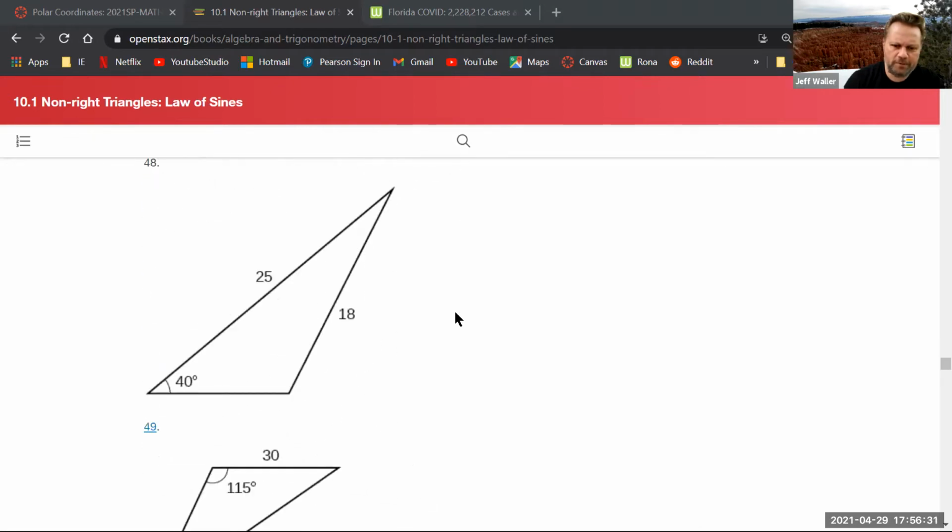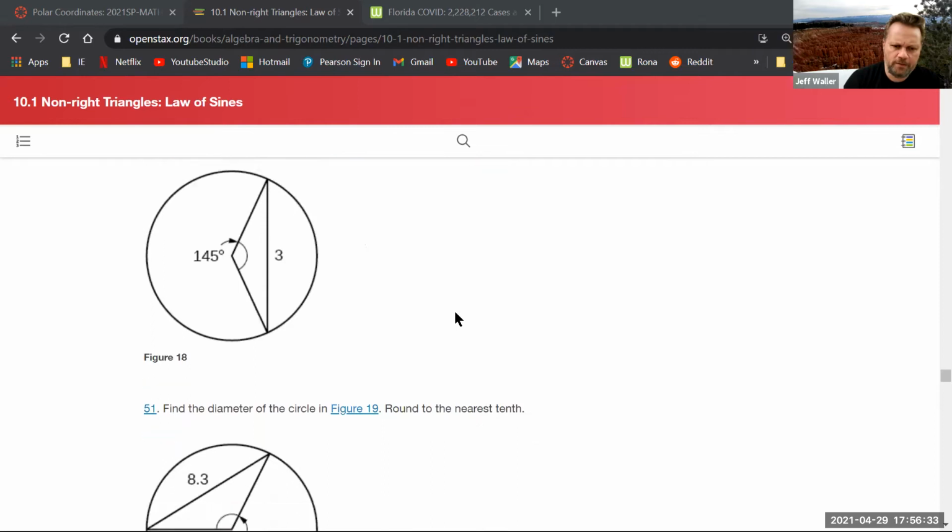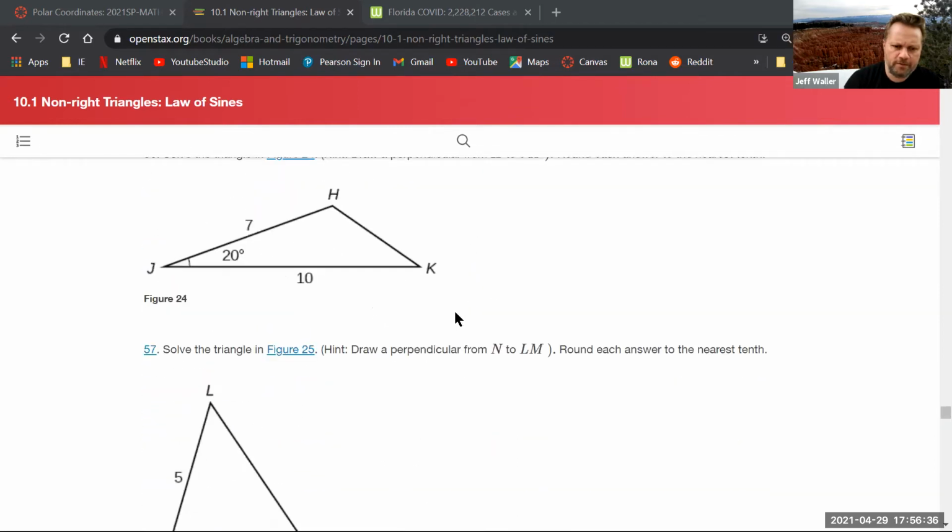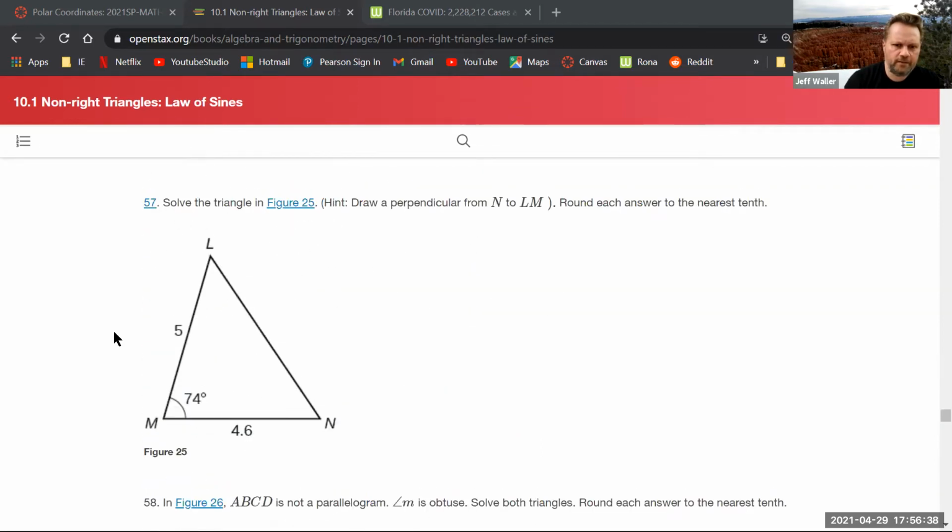Were we talking about this problem? 57. 57 is a yummy one. 57 is neat. Let me ask you this. Just look at this problem. Is there any way to make a complete ratio inside of this triangle? Can I get a side and its related angle?